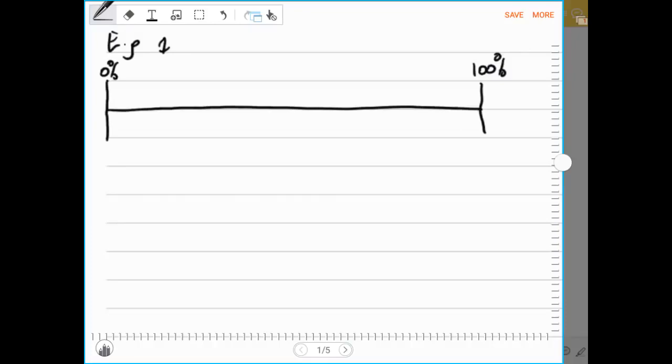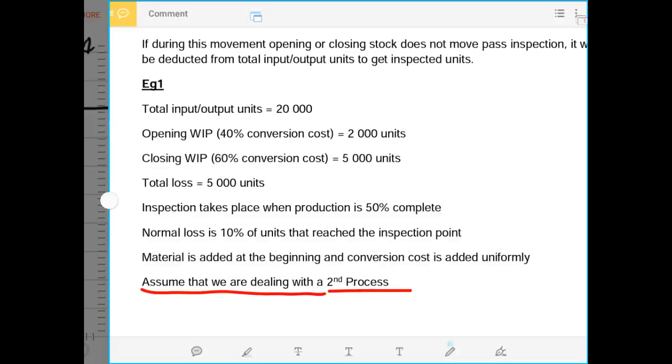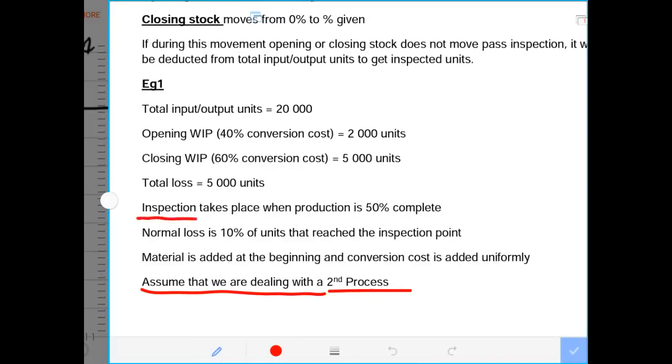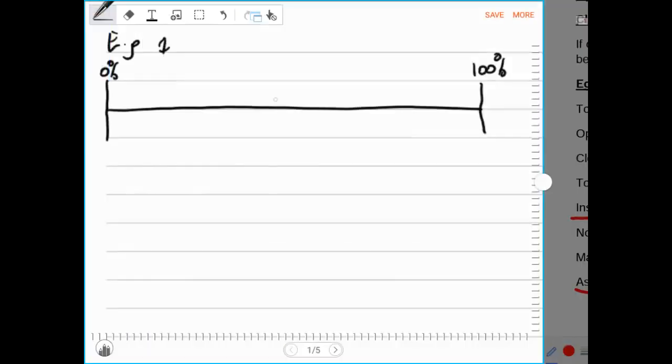However, the product started at 0%. So now we need to check the point of inspection, and we are told that the inspection point takes place when the units are 50% complete. It means our inspection point will be in the middle of the process, and this will be 50%. And this will be the point of inspection.